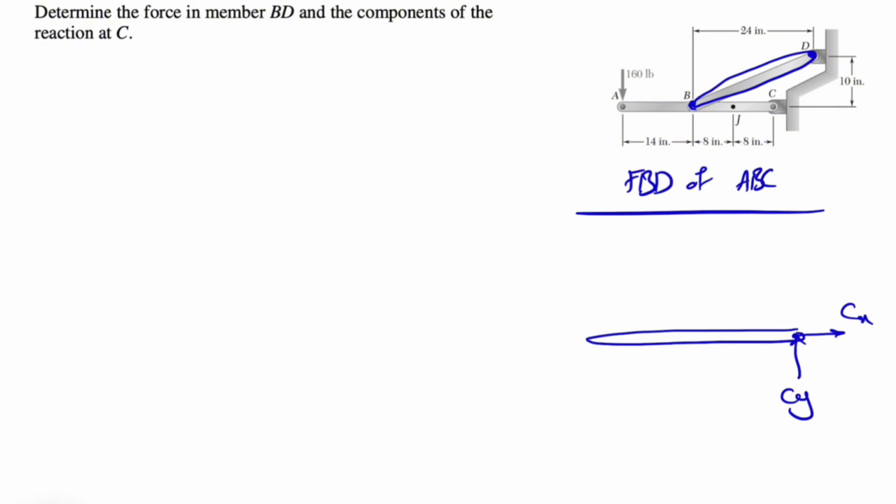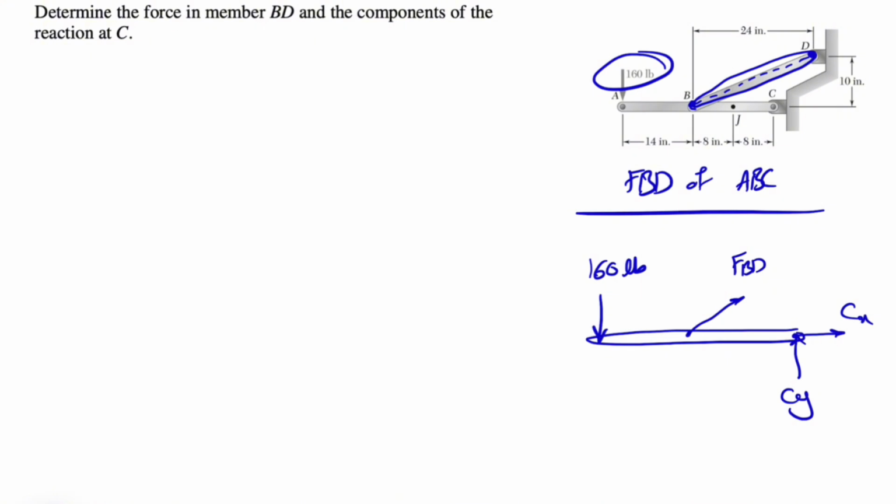So the force will be along the line that connects B to D. So we can consider FBD in here regarding the direction. We can just assume something for now, and if we get a negative sign at the end, it shows that our assumption wasn't correct. And we have the 160 pounds force applying at the end of this member.